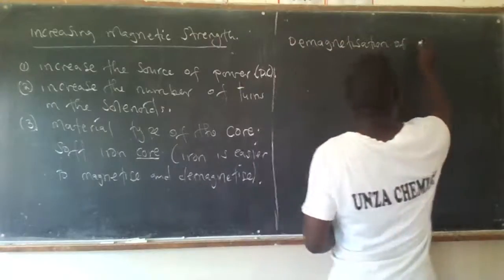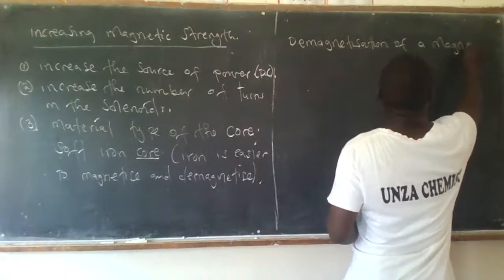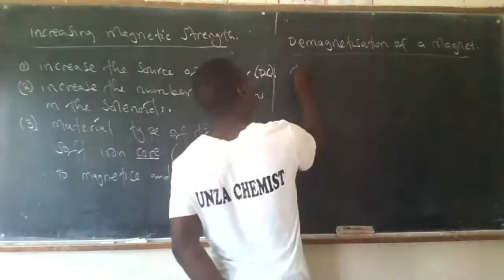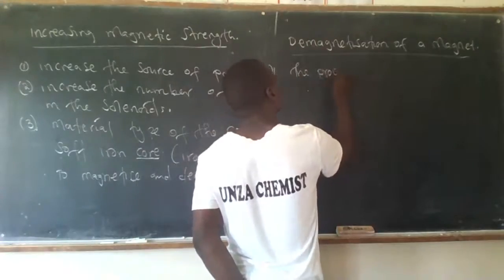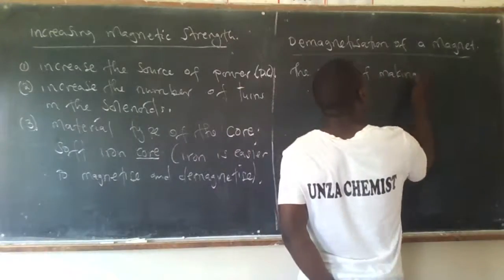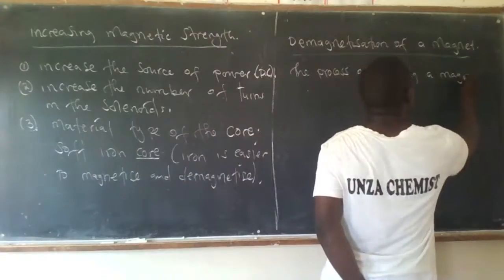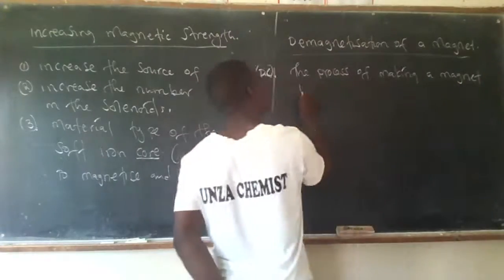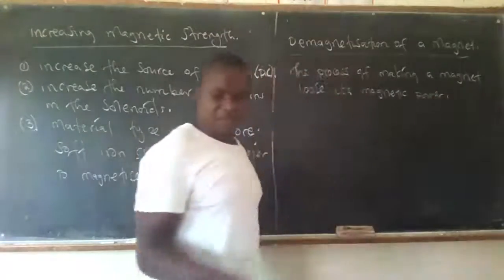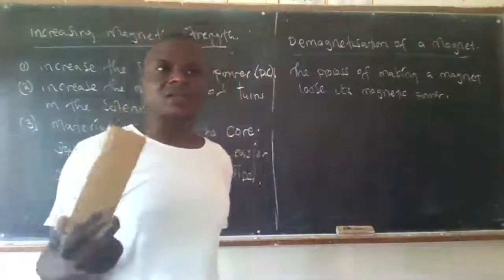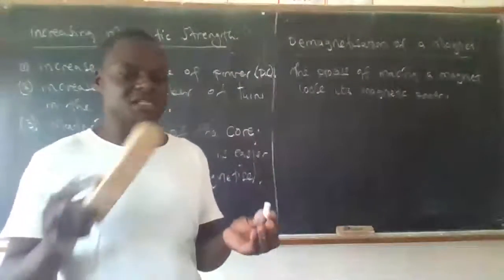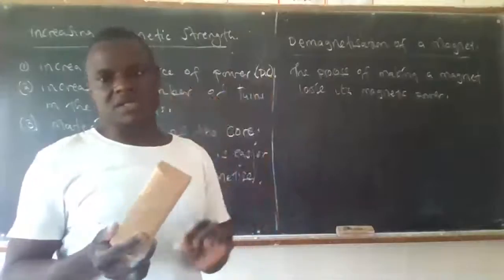Demagnetization of a magnet. Now, demagnetization is a process of making a magnet lose its magnetism, because if this is what we had made as a magnet, at the end of the day it should have the capabilities, the capacity, the ability to attract magnetic materials towards itself.